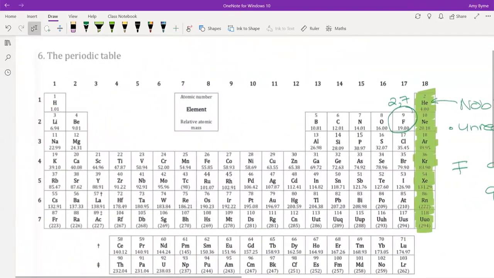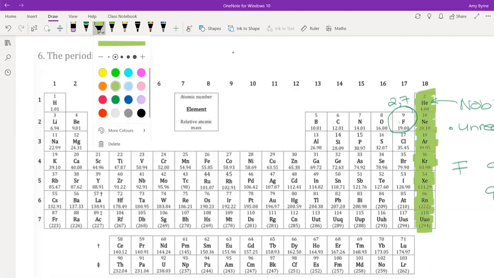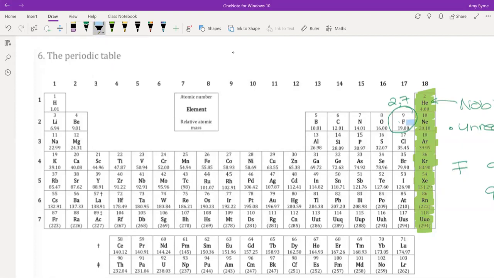Now, to get a full outer shell, fluorine can either gain 1 electron and look like neon, or it can lose 1, 2, 3, 4, 5, 6, 7.